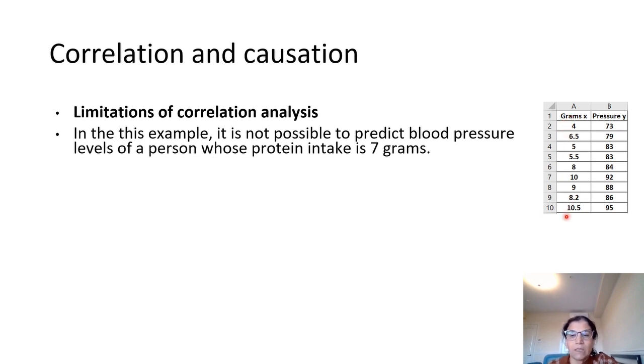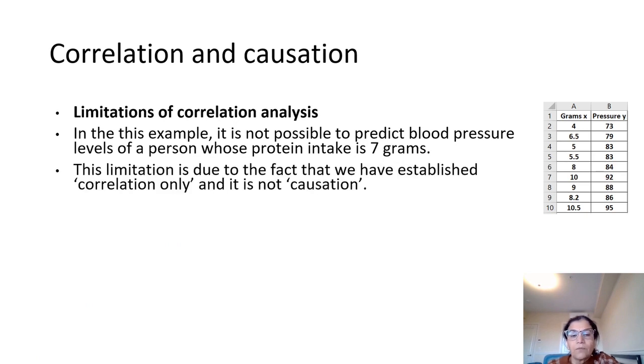So there is no data about a person whose protein intake is 7 grams. So in this example, it is not possible to predict blood pressure levels of a person whose protein intake is 7 grams. That's a limitation of correlation analysis.